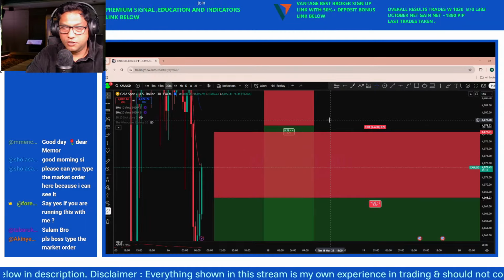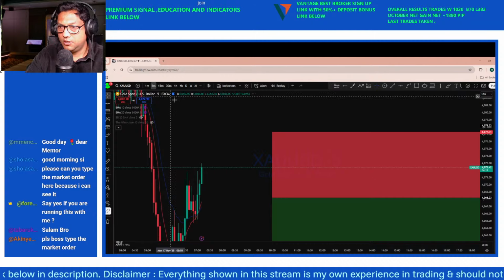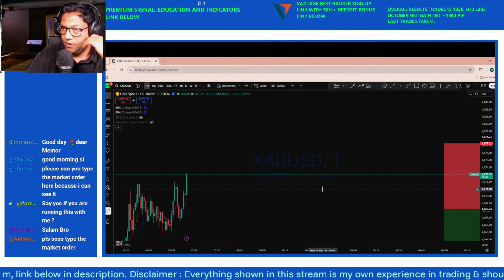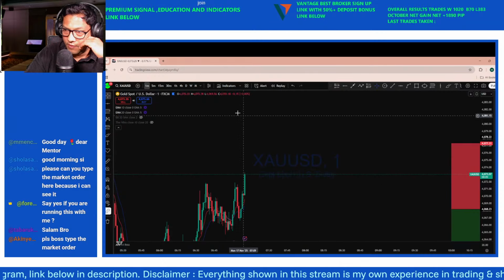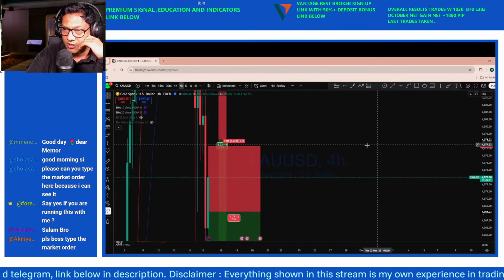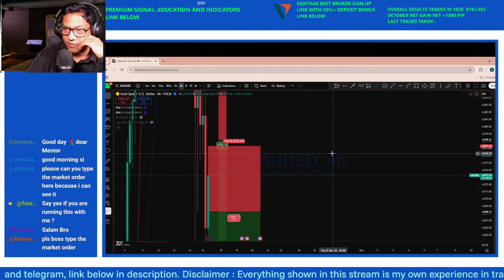From the bigger picture that you can see, the price action is having some upside bias here, and I think we might potentially see a retest of that level.